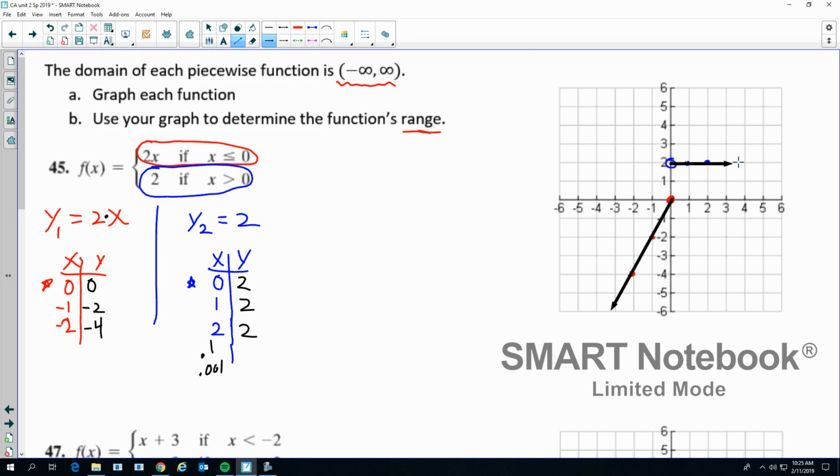The mistake a lot of students make is that they accidentally start at 1, so they're missing all the values between 0 and 1, like 0.1, 0.001, and so on. That's why you always want to start at these values, but be careful about which one is included, where you put a solid dot, like we did down here in red, and on this one we had to put an open circle. So you just have to be careful.